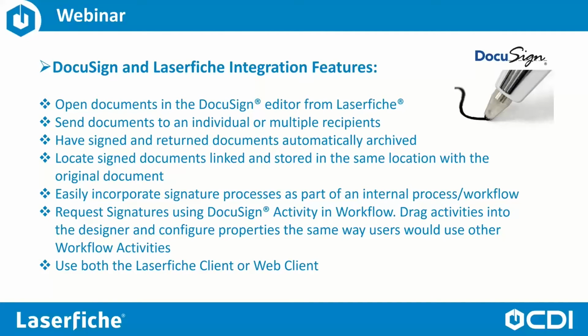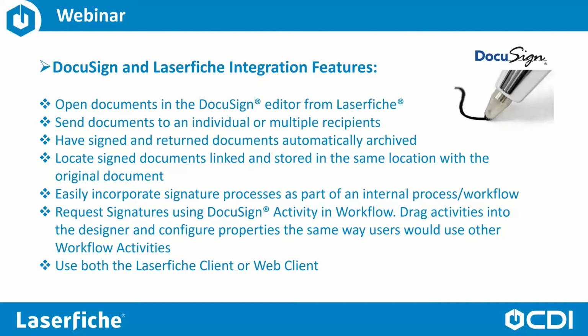So let's get into the features of our integration. What it allows you to do on an ad hoc basis, you can open documents in the DocuSign editor from Laserfiche. So that essentially allows you to, on an ad hoc basis, select the document in Laserfiche and send it for a DocuSign signature.